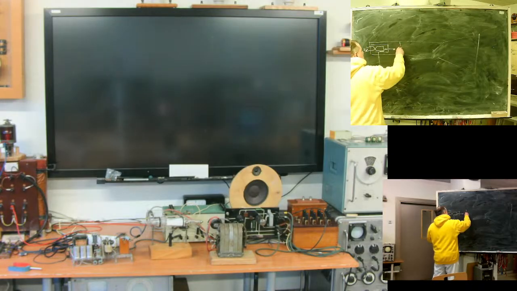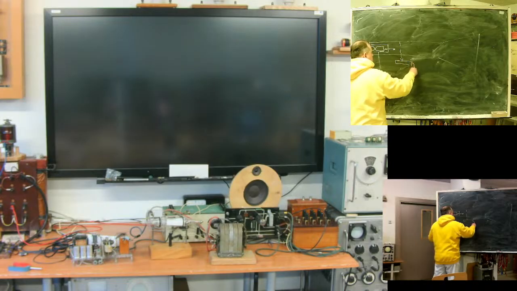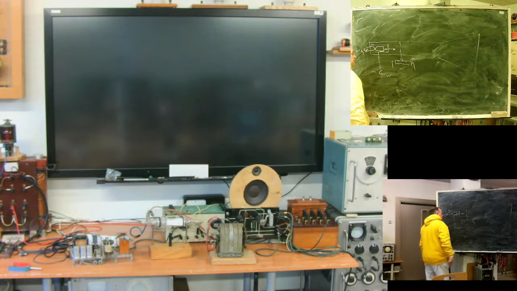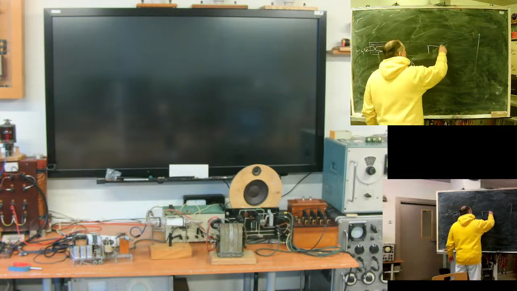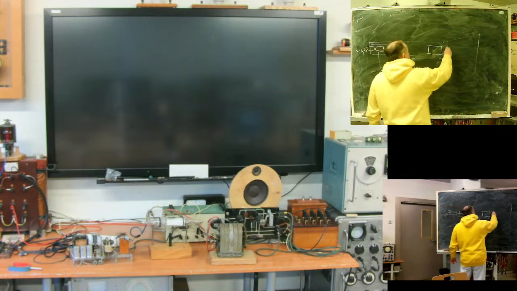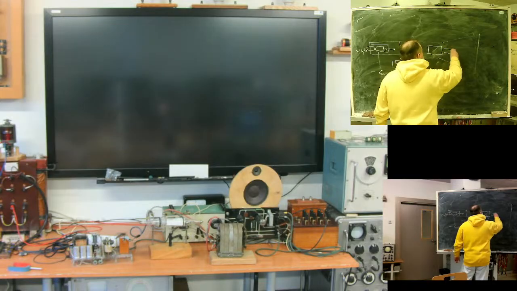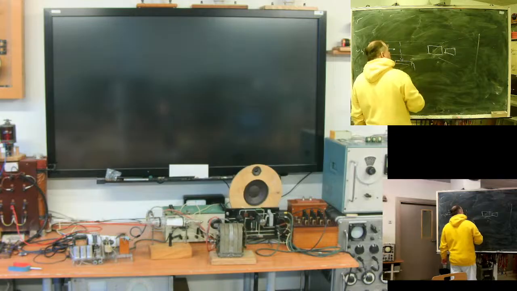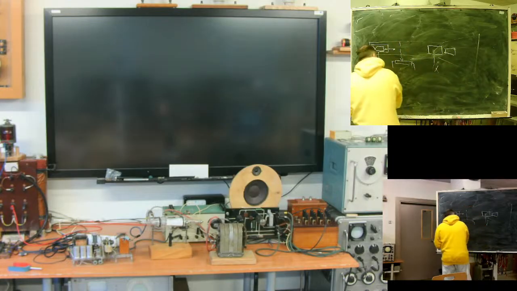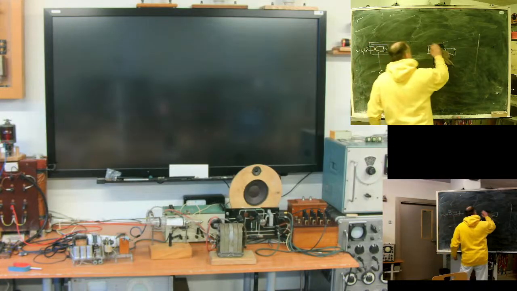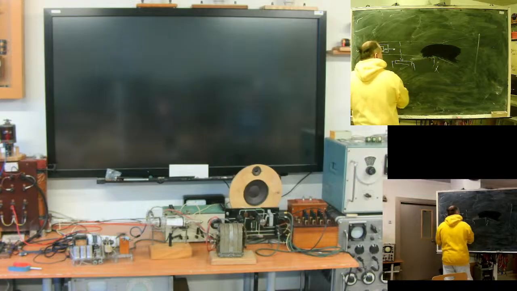I can have this one for sharpness control. One general plate, something like this. Second set of plates, X. Wait, no, I'm drawing nonsense.